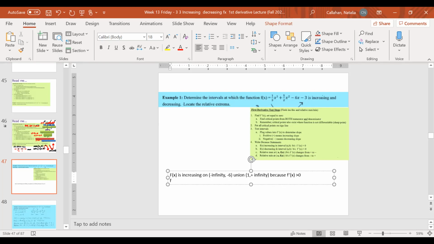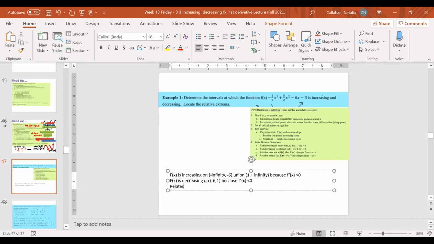And then you can say f of x is decreasing on negative 6 to 1, because f prime of x is less than 0.